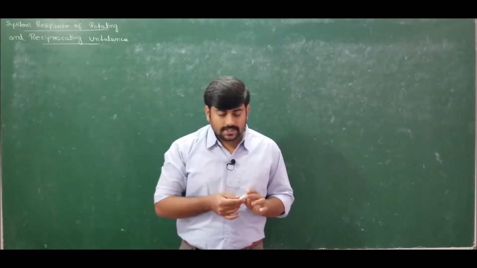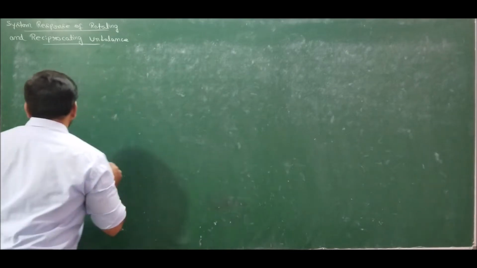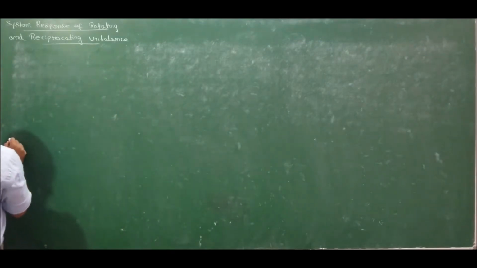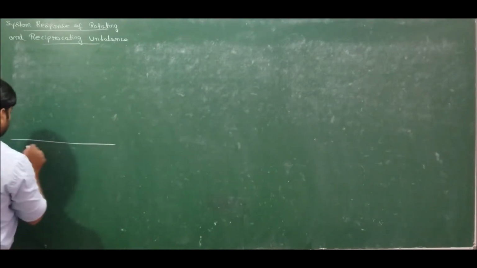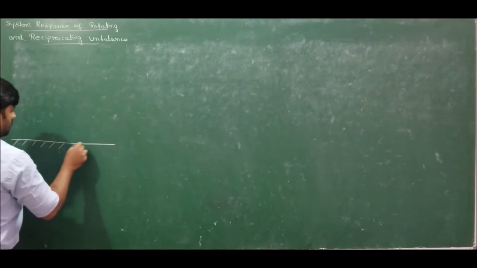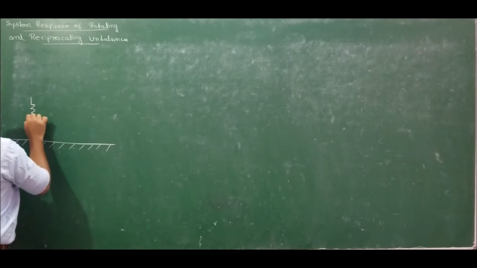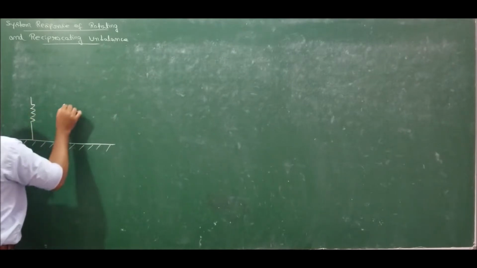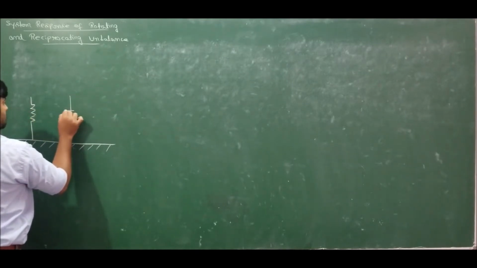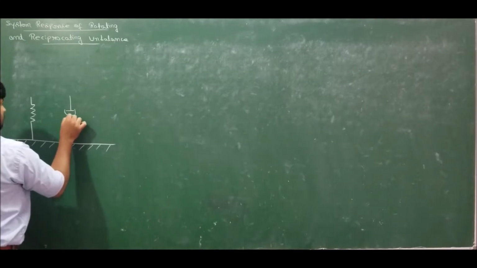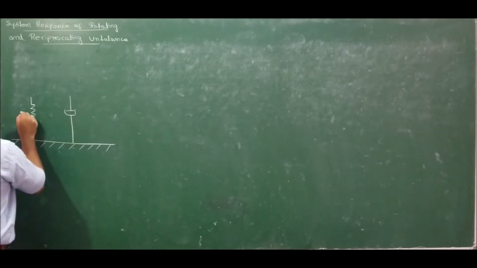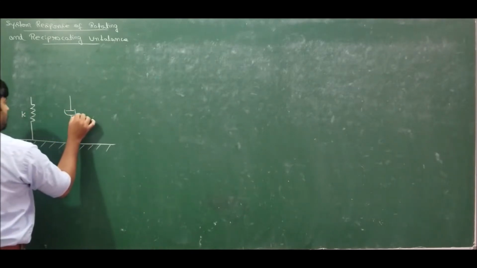So in order to analyze that, let us consider a figure like this. Let us have a foundation, upon which I will consider a spring and dashpot. The dashpot represents the resistance for vibration and the spring represents the stiffness, that is the elasticity of the system.